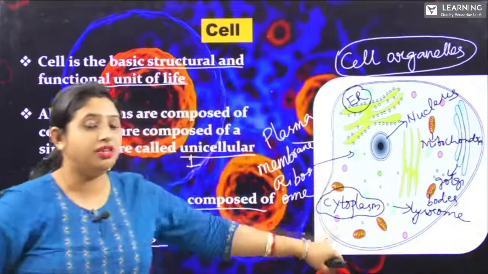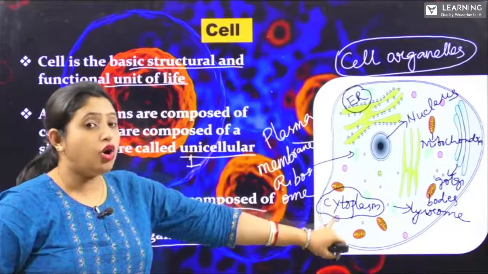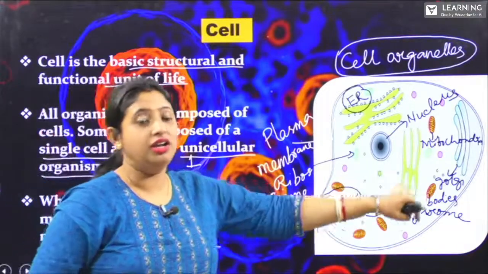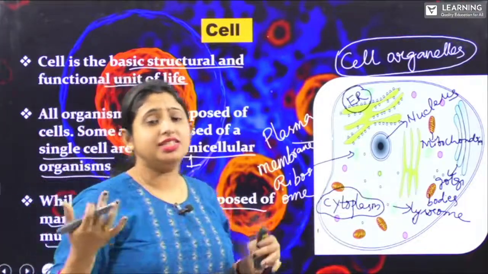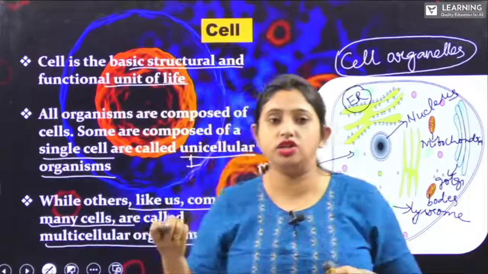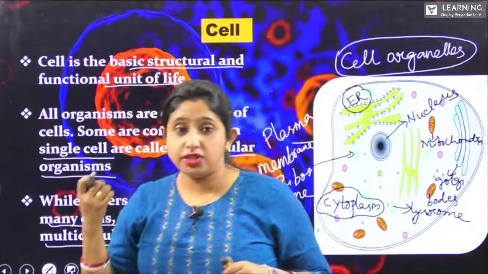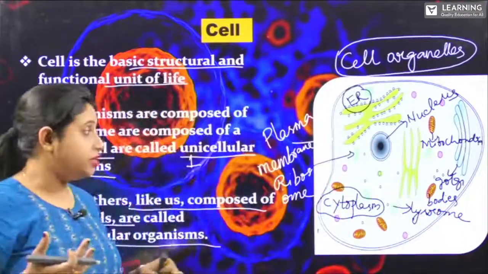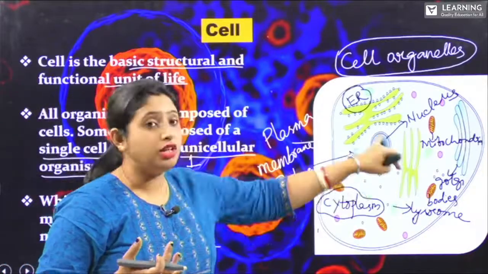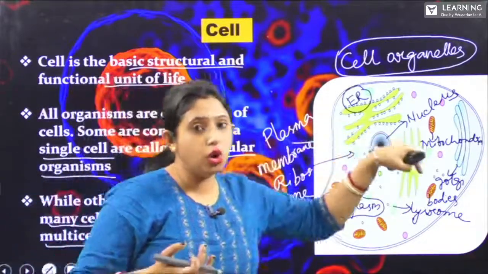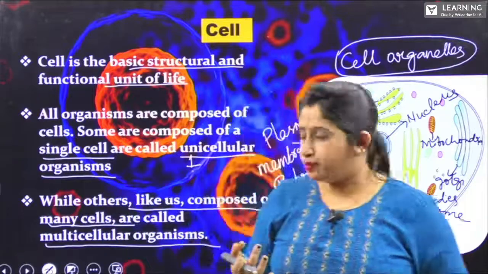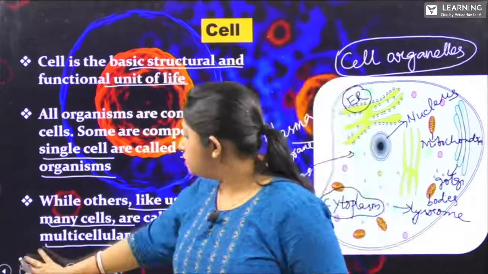Cytoplasm is nothing but a fluid matrix where all the cell organelles are lying, right? Basically it's a connection which helps in providing nutrition to all the cell organelles. So this is all about the cell.